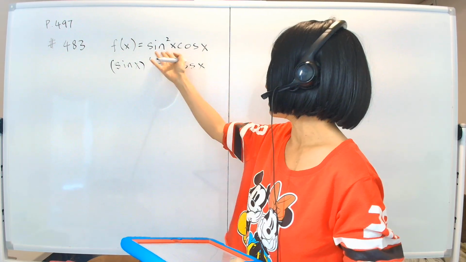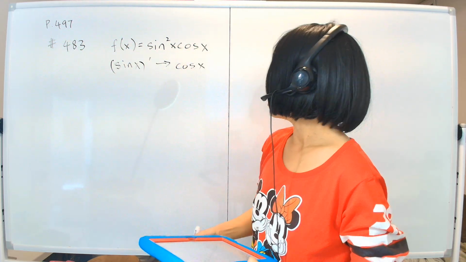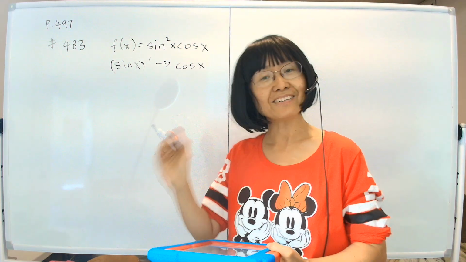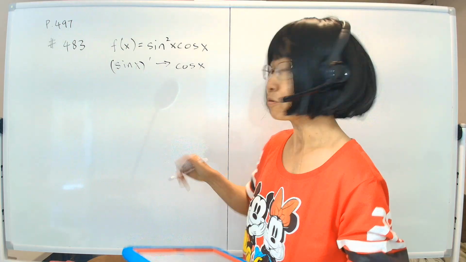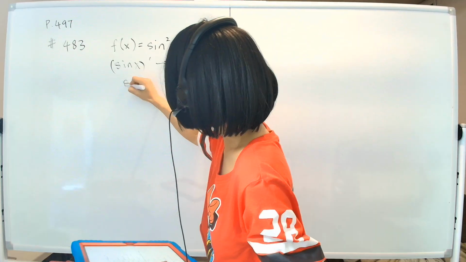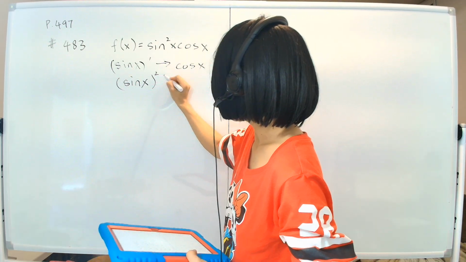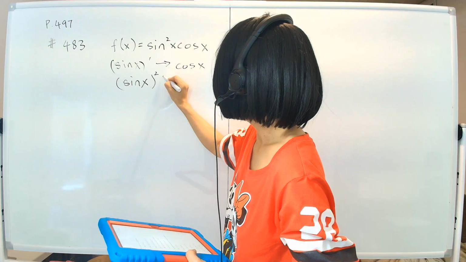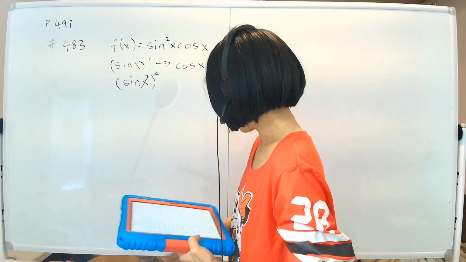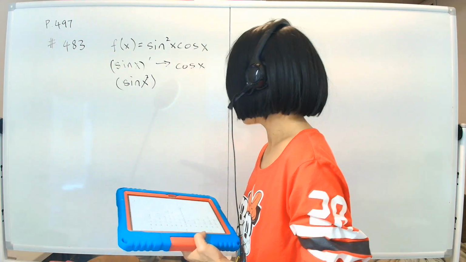We've got cosine x here, but we've got that thing stuck there. So what if you use your imagination and take the derivative of sine squared x? The square is over the sine, it means the whole function squared.